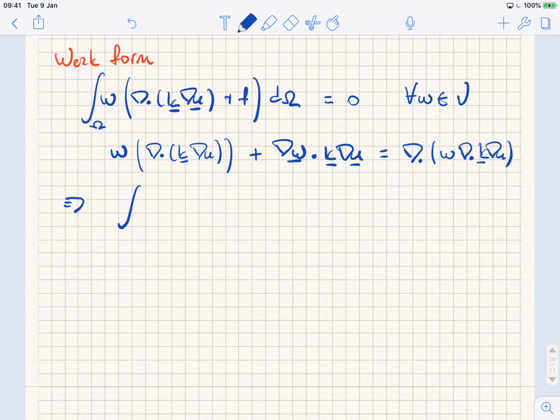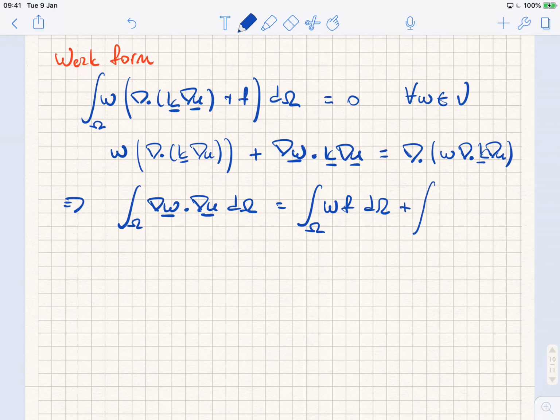So then we're going to have an integral that looks like this, on omega, and that is going to be equal to my original term. We did not touch that term, so it's going to be WF, also integrating on omega.